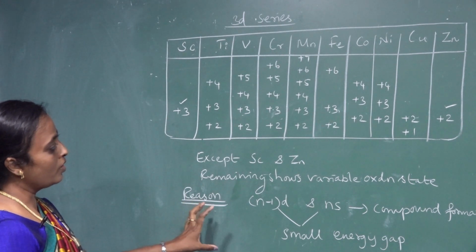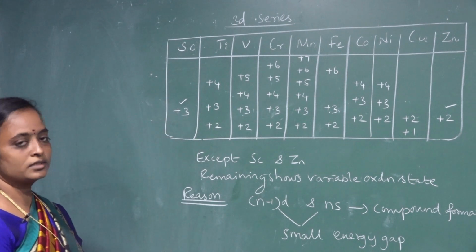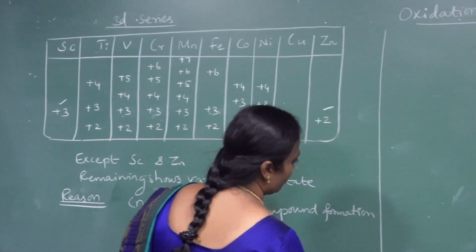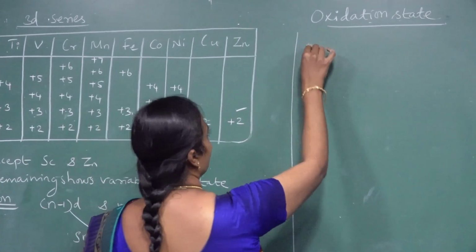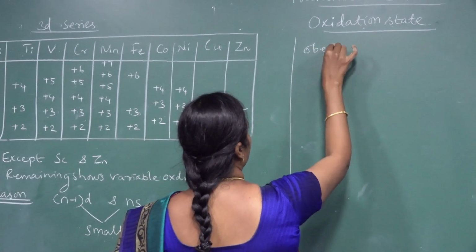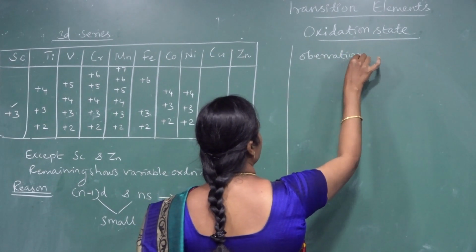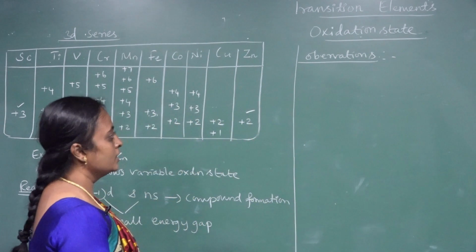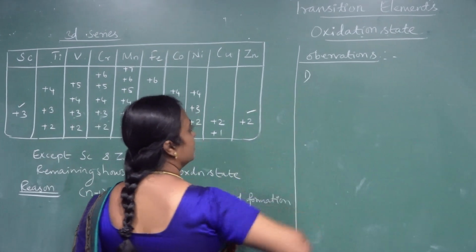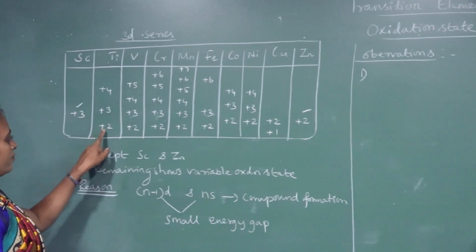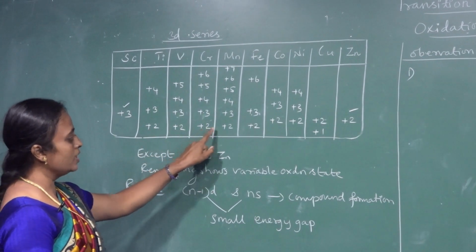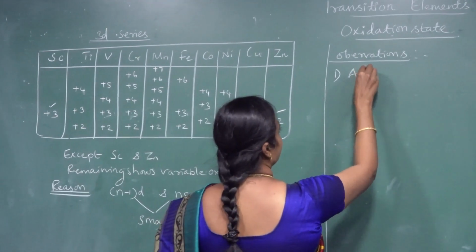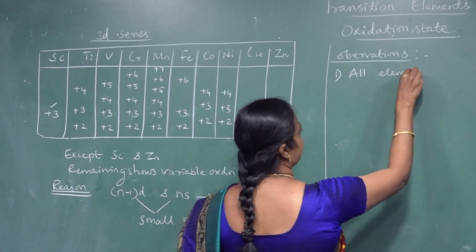What observations can we make from these oxidation states? There are a few points you have to remember. First, all the transition elements show the common oxidation state +2 except scandium.